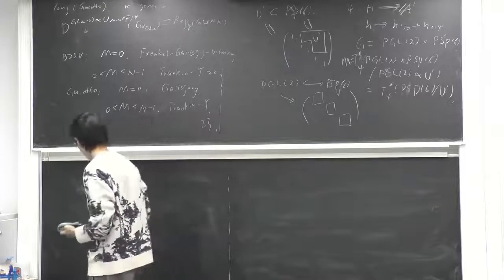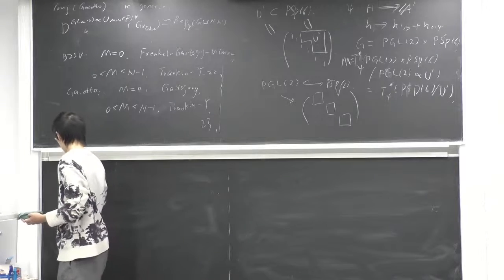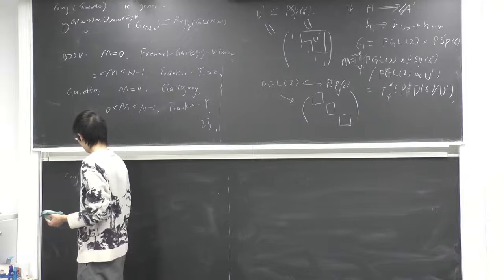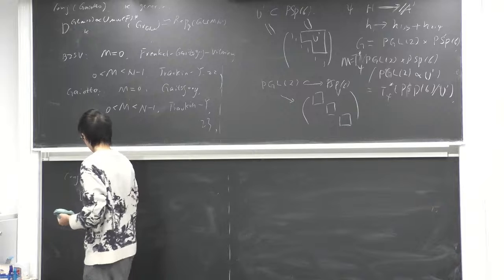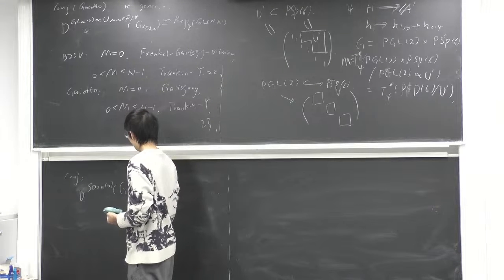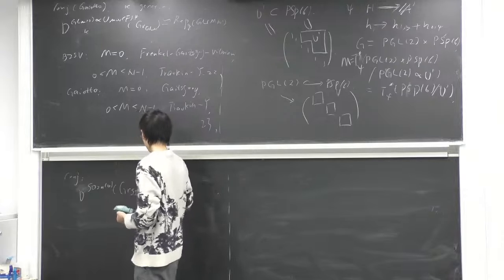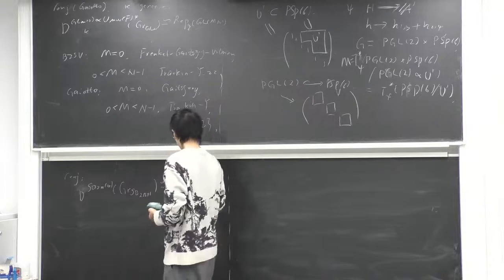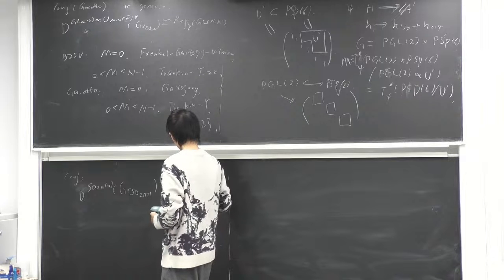So the conjecture is that the category of SO(2n)-equivariant modules on the Grassmannian associated with SO(2n+1) is equivalent to the category of representations of OSP(2n|2n).